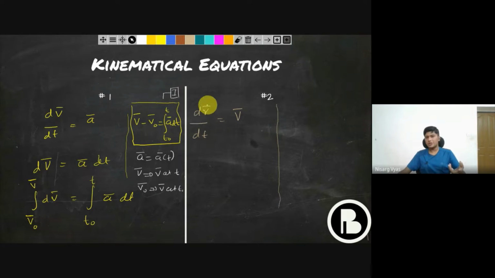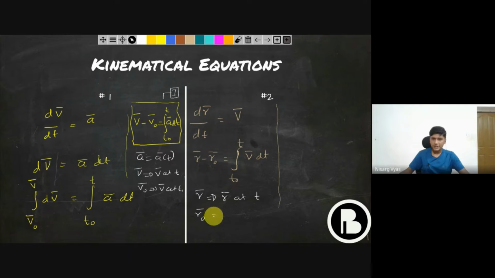From this we can derive, in a similar way, r vector minus r naught vector equal to integration from t naught to t of v dt, where we should again define that r vector is the position vector at time t, r naught vector is the position vector at time t naught, and v is a function of time t. Velocity is also a function of time t here, so we cannot take it out of the integral because it may be some function of time.